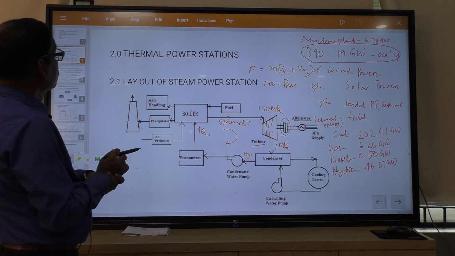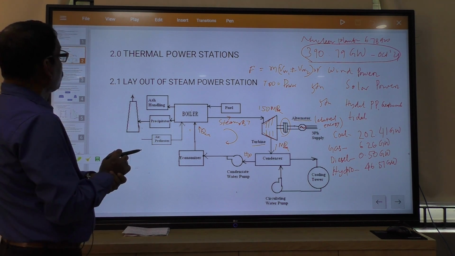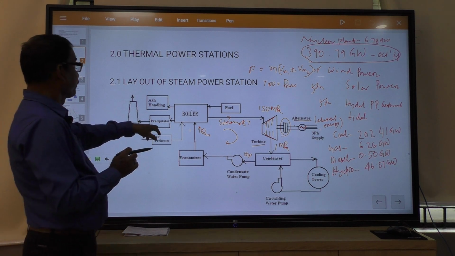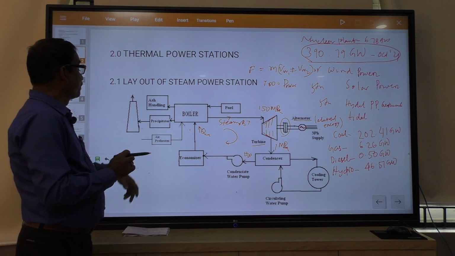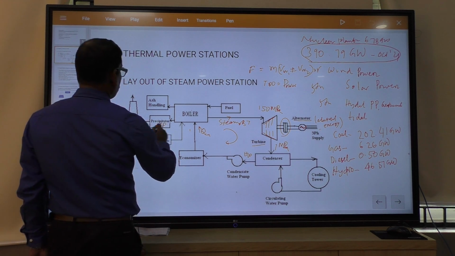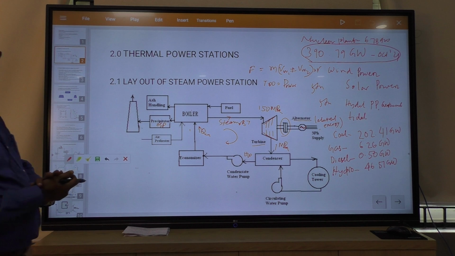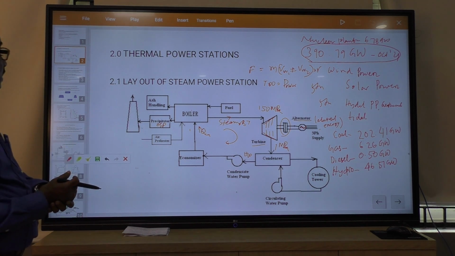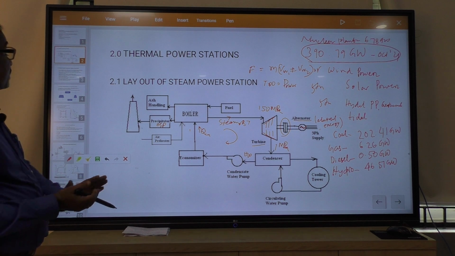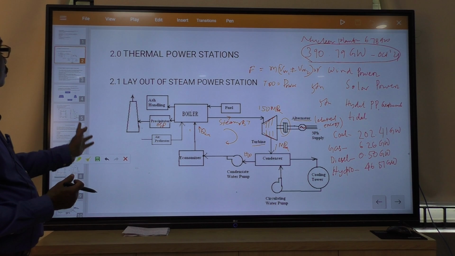Therefore, nowadays that problem is eliminated by the electrostatic precipitator, called ESP, where the dust is ionized and collected by electrodes. So, only gases remain and go through the chimney.